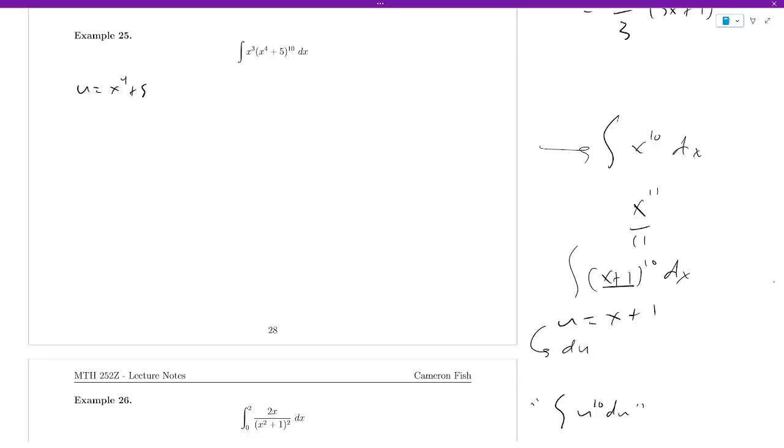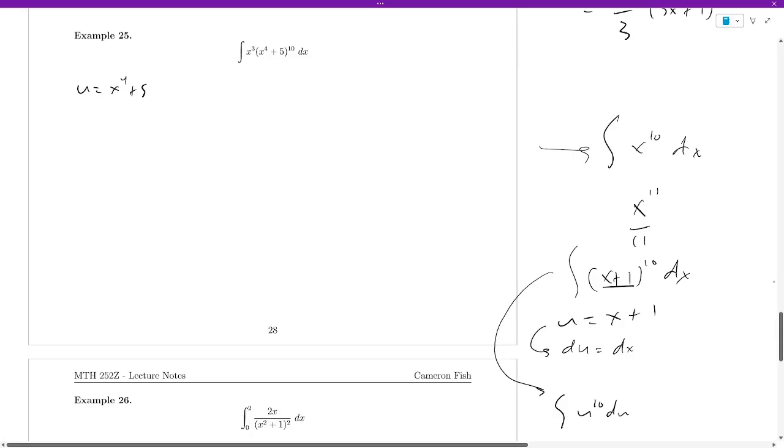So here du is 1 dx, so that's just dx. In this case, I can literally erase these marks. This is literally equal to this. I replace the x plus 1 with u to the 10, replace the dx with du, and then this is easy. It's u to the 11 over 11, and plugging it back in, it's x plus 1 to the 11 over 11. So that works.